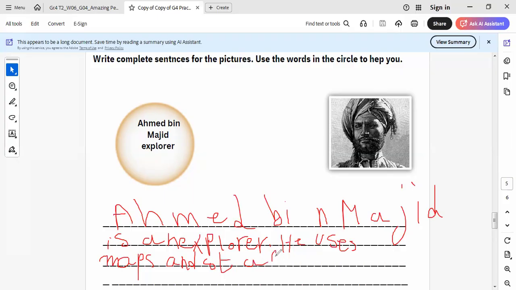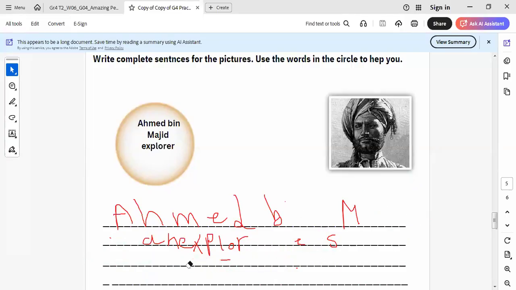And we can write an extra sentence by saying that this explorer helped sailors to find their way easily. Okay, let's go to another one, which is Marie Curie.